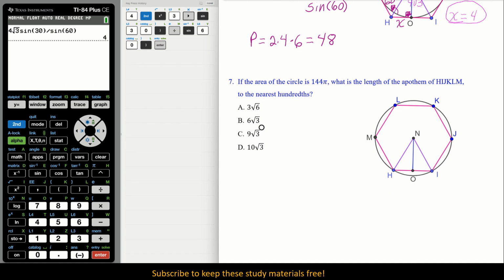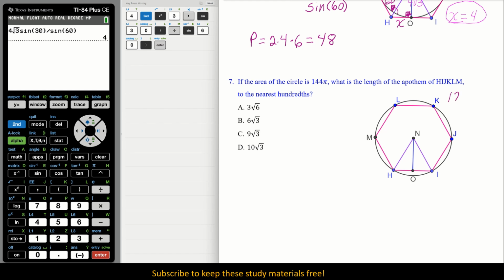Okay, now, if the area of a circle is 144 pi, what is the length of the apothem of hexagon HIJKLM to the nearest hundredth? Okie dokie. So I know that the area is 12 times 12.